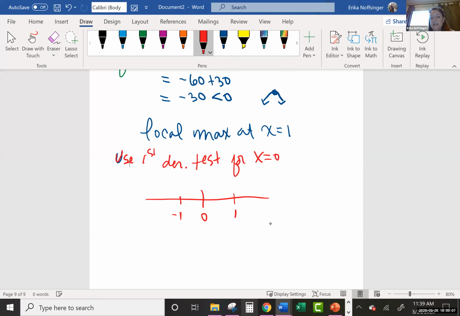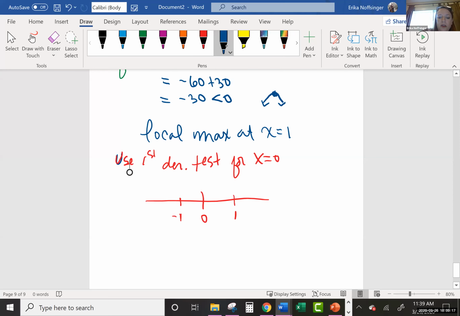So when we test values on each side of 0, I want it to be between my critical numbers. So I need to choose something between negative 1 and 0. And remember, we're plugging this back into our first derivative. So if I plug in negative 0.5 wherever I see an x in my first derivative.